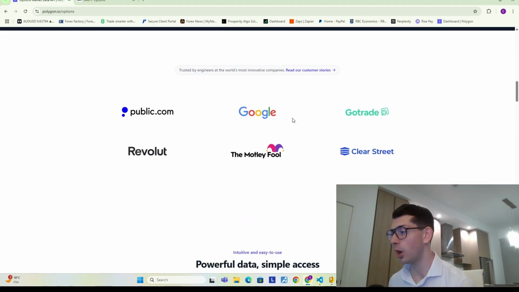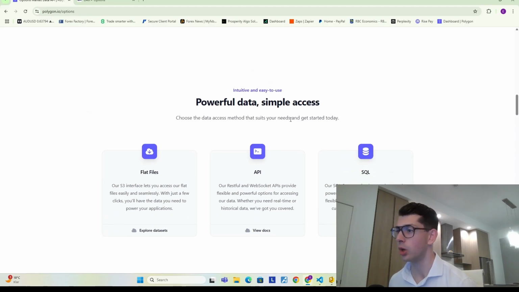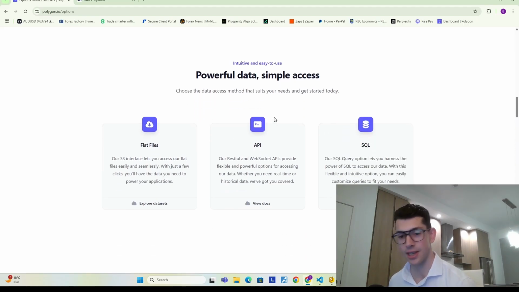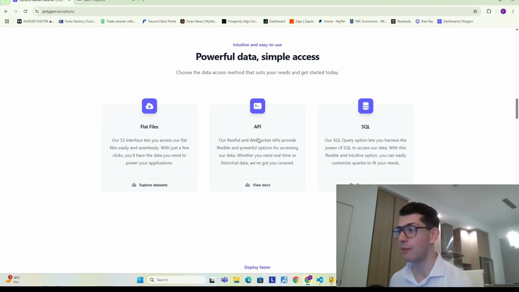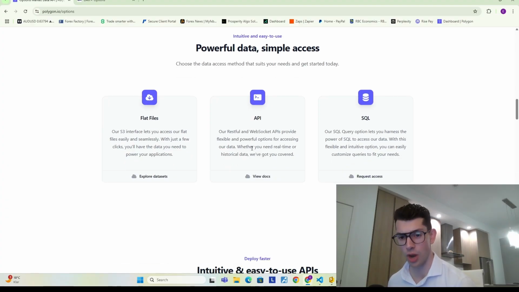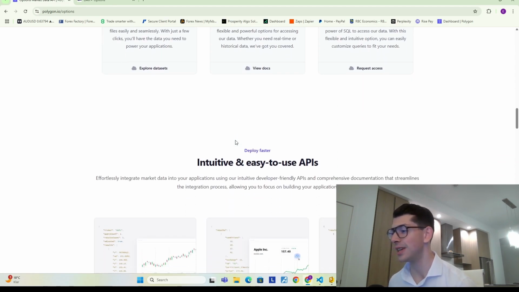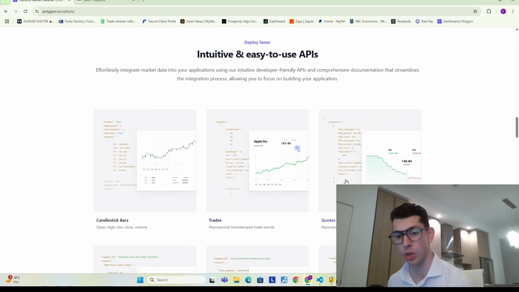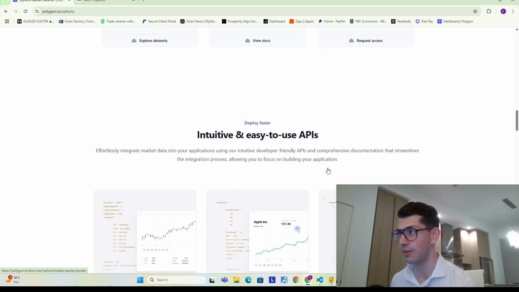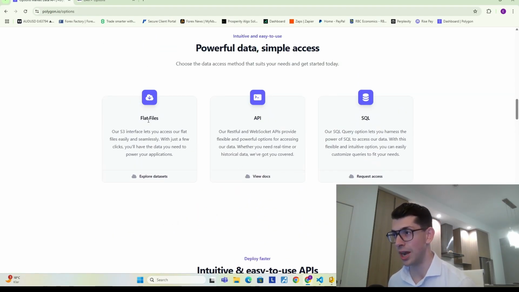Why Polygon is so cool is it's very economical, and it enables you to access many years of historical options data, where you can get everything from the exact volumes traded at given strike prices and expiration dates to extremely detailed analyses showing you how options traded for a given asset on a given day. And what's really cool here is you can download flat files, which lets you get pre-packaged data.